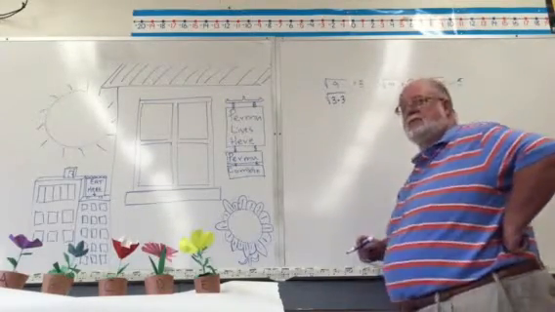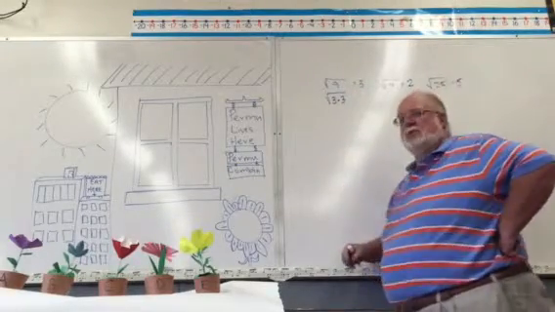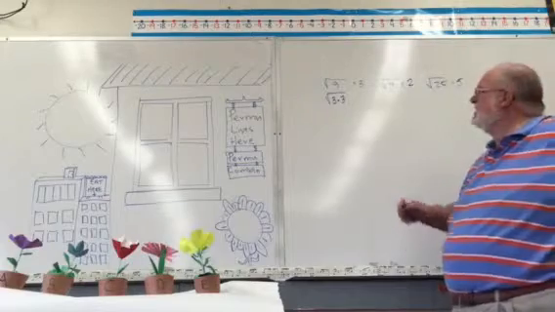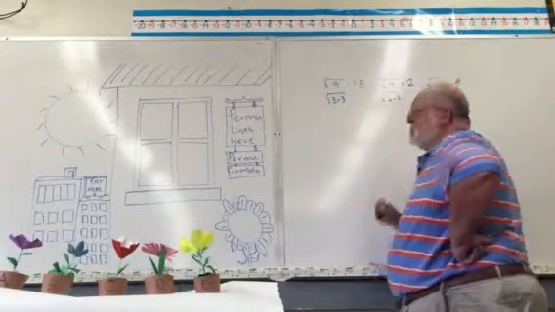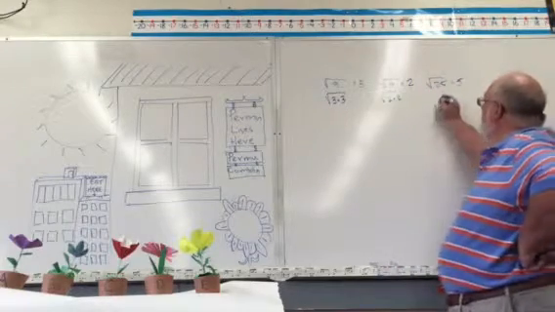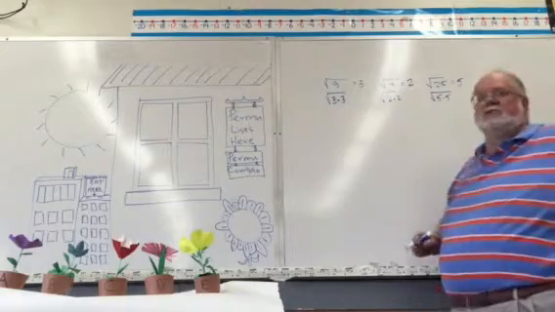Can you verify that for yourself? Is the square root of 9 the same as the square root of 3 times 3? And this is just the square root of 2 times 2. And this is just the square root of 5 times 5.